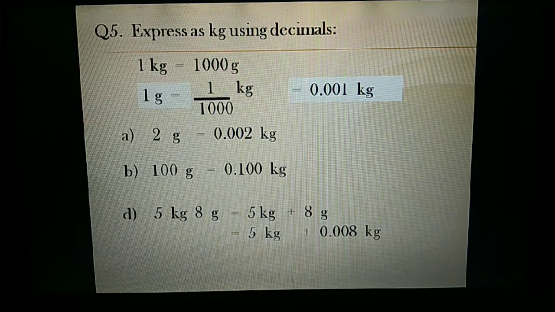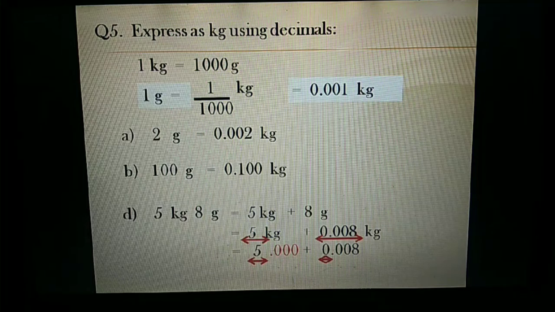Now, first one only whole number part, second one decimal part with 3 digits. Put a point in the first one and put 3 zeros at the end. Now they both are like, add whole to whole, decimal to decimal, start from right, you will get the answer as 5.008 kg.